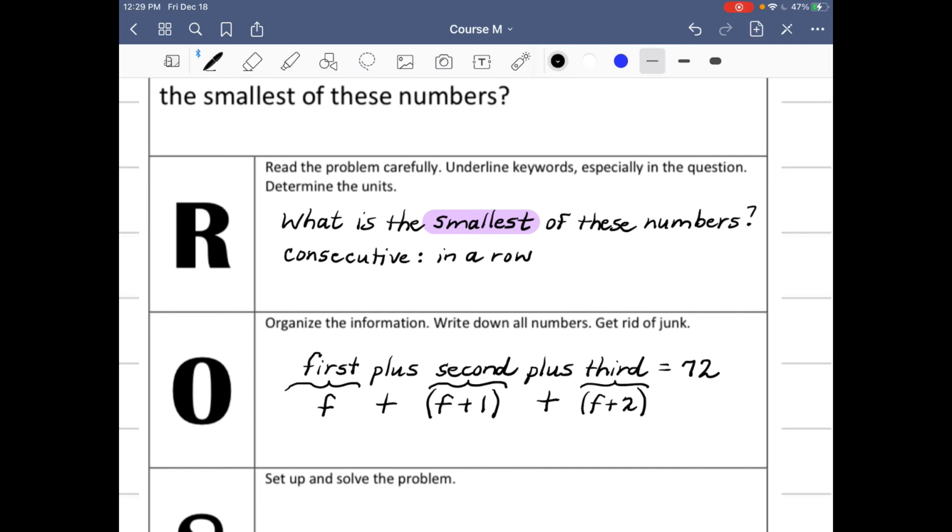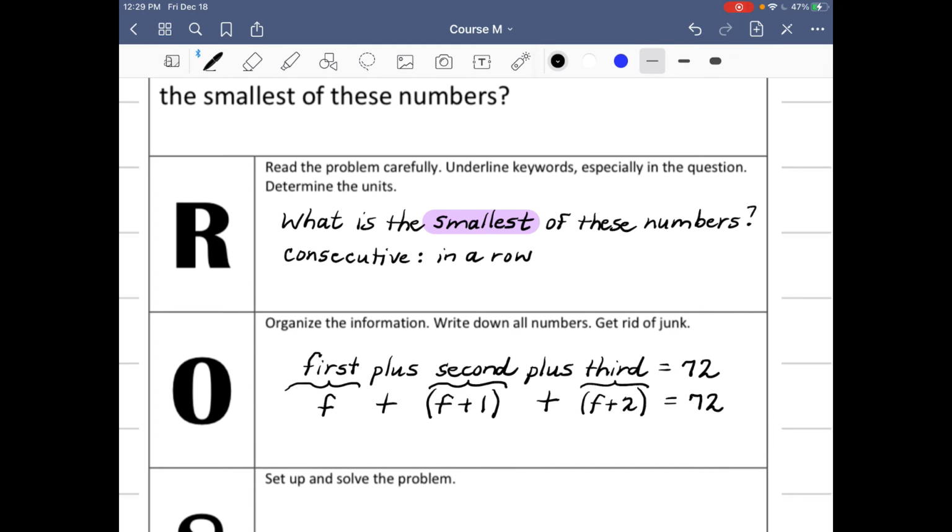And this is the pattern that you will always use for sum of consecutive numbers. It will be F, F plus 1, F plus 2, and you could keep adding 4th, 5th, 6th numbers all you wanted to. You just add 1 each time. And so all of that is going to turn out to be 72.